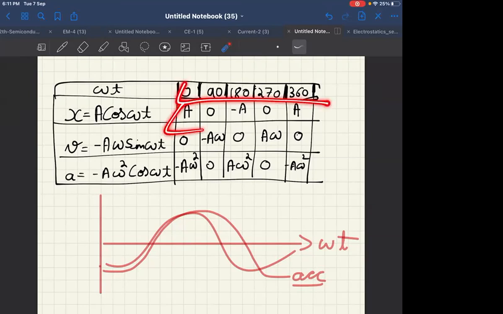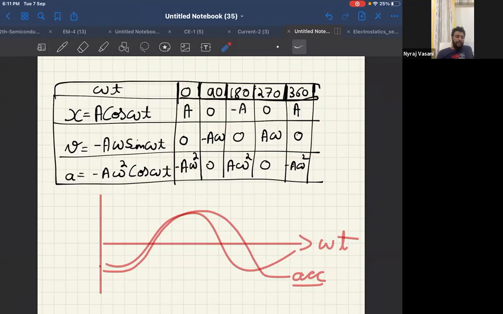Yes, sir. What is the first conclusion? Phase difference between displacement and velocity is pi by 2.